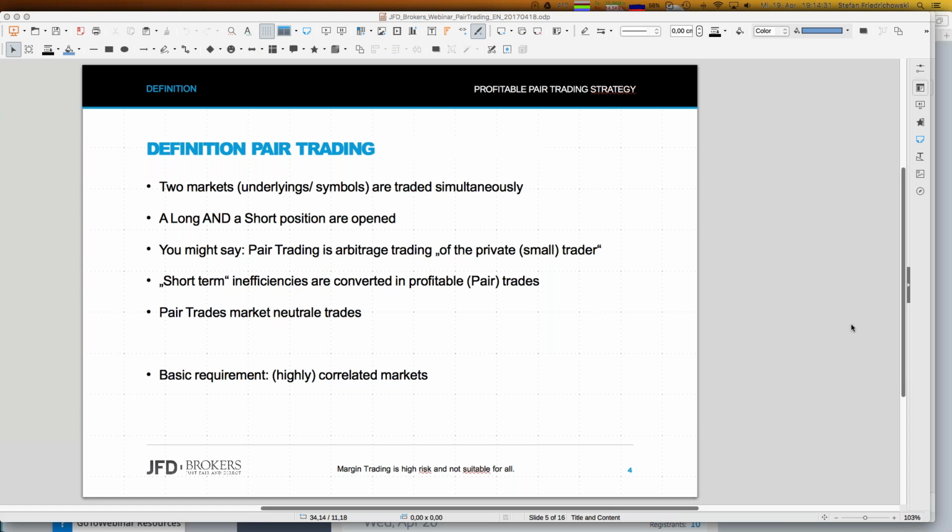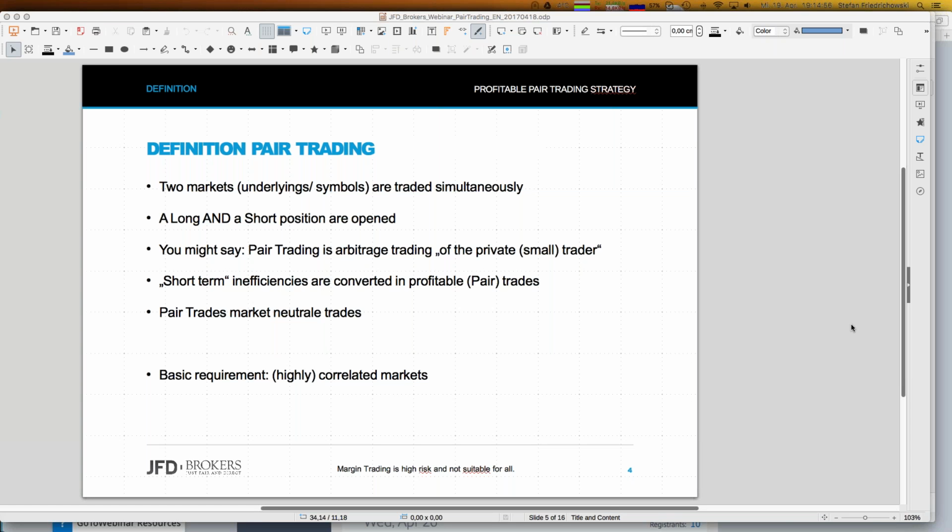So not on milliseconds, we do it on a daily basis. Our trades will have a typical duration of maybe 3-4 days. And nevertheless, the basics are the same. What we really trade here are short-term inefficiencies in the market.